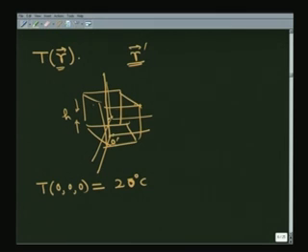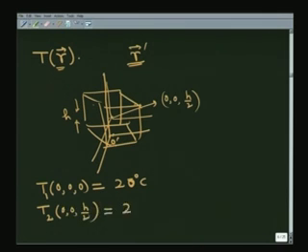Therefore, my original origin will have a coordinate 0, 0, h by 2 in the new coordinate system. My original coordinate system, let me denote it by T1. In the new coordinate system, T2, the coordinates have changed, that is 0, 0, h by 2, but what is the value? It is still given by 20 degrees Celsius.